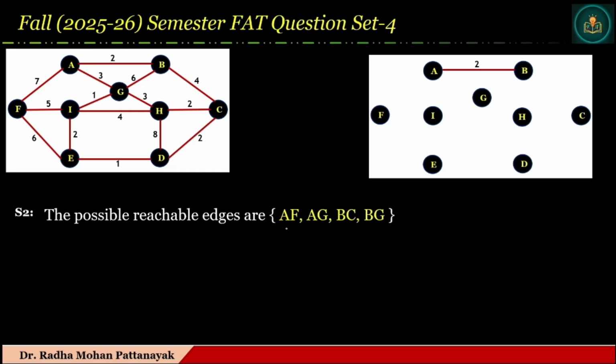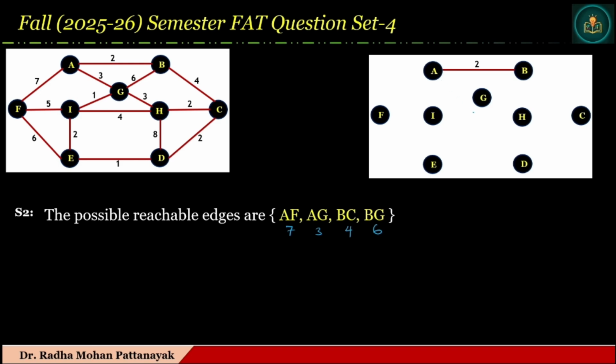What are the costs of all the edges? AF is 7, AG equals 3, BC equals 4 and BG equals 6. Among these edges, which one is the minimum cost edge? That is AG. In the next processing, we will add the edge AG into the minimum spanning tree.